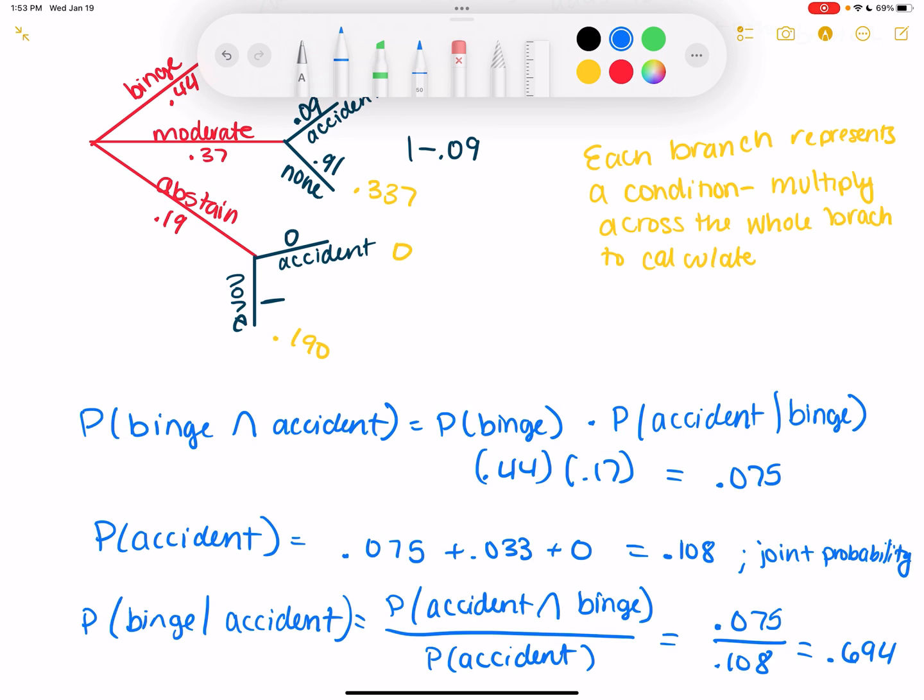So the probability that they binge, given that they were in an accident, is 0.694. So those are just a few other examples for you guys to see. Are we almost done? Yeah, this is the last thing.